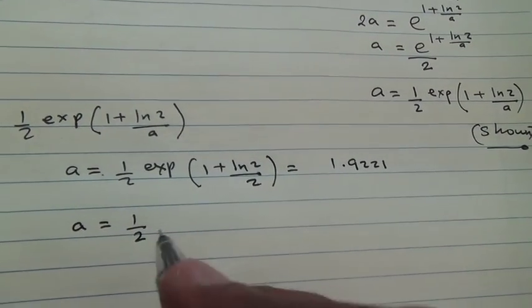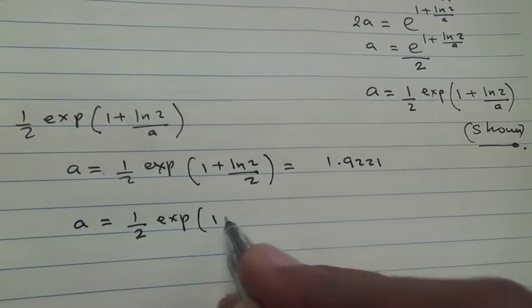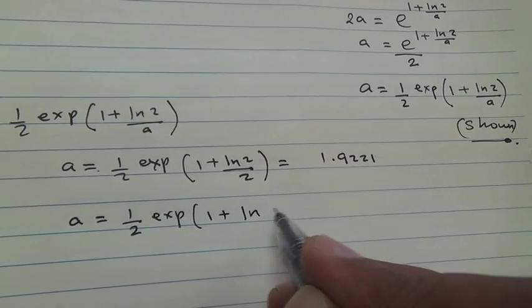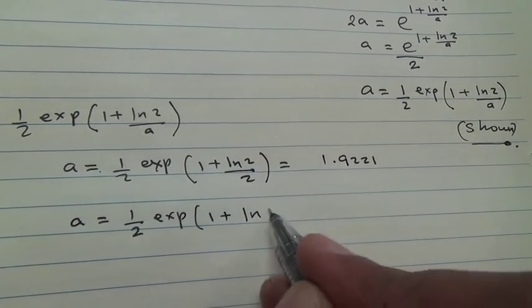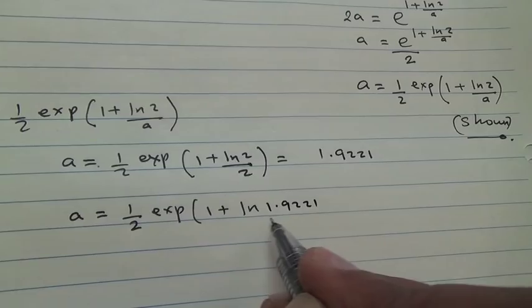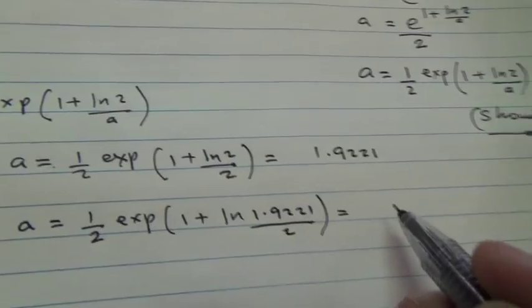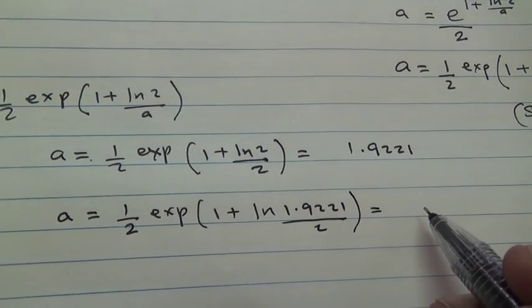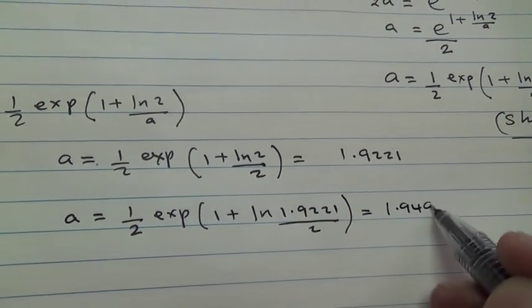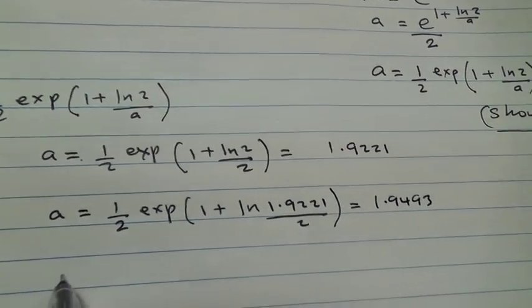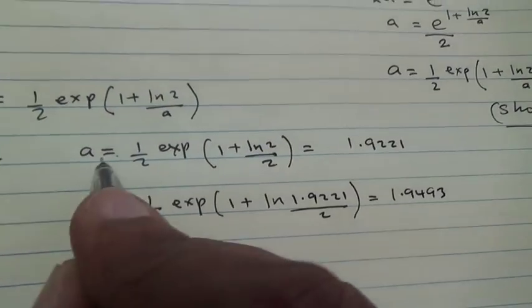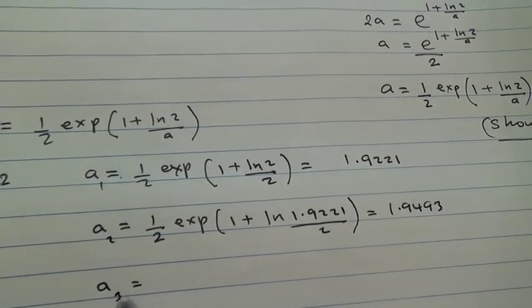So half exponential of 1 plus ln, this time it's not 2 but 1.9221, divided by 2. Do that in the calculator and you're going to get 1.9493.